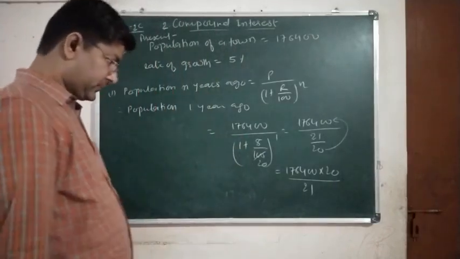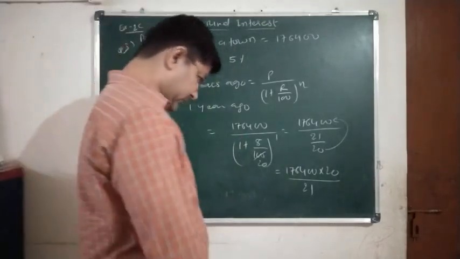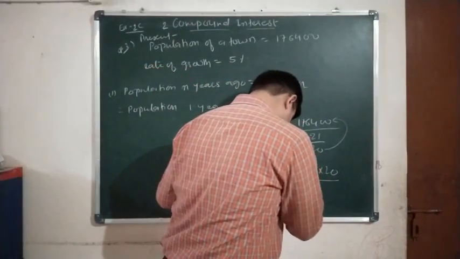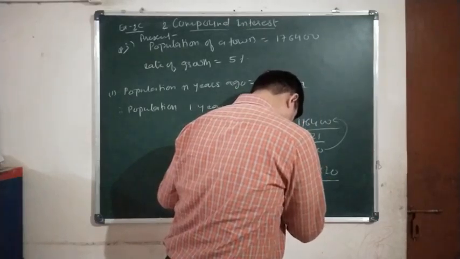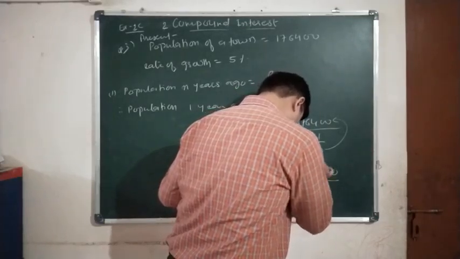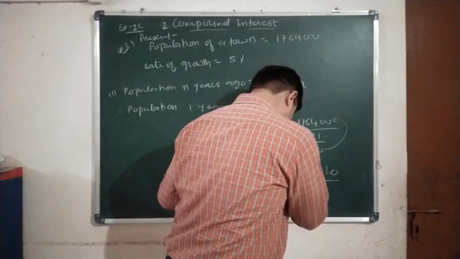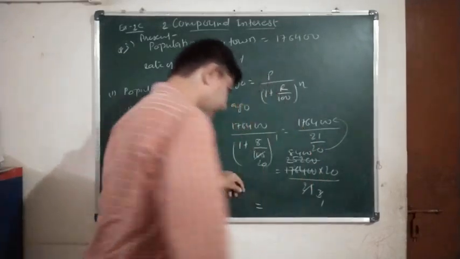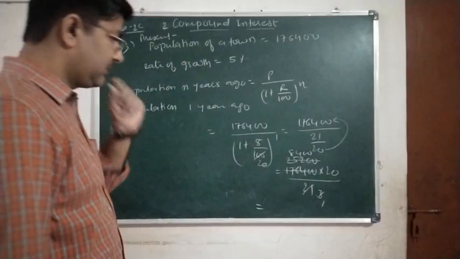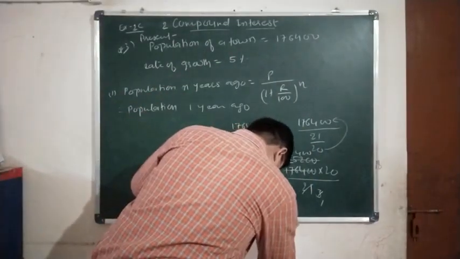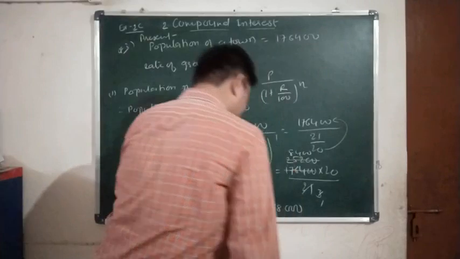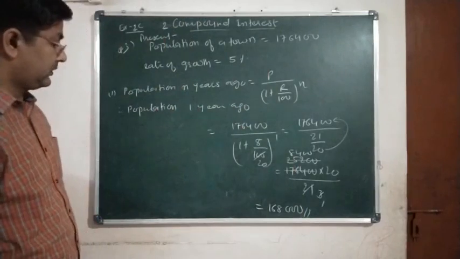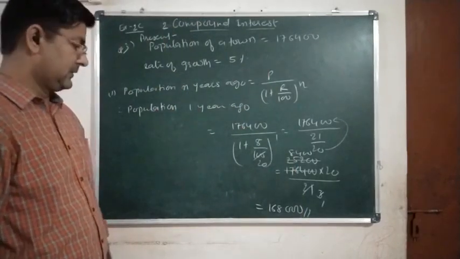Now let us reduce by 7 first. 7 3s are 21, 7 5s are 35, 7 2s are 14, so 84 2s, and 84 times 2 is 168. So 1,68,000 is the answer. Population 1 year ago is 1,68,000.